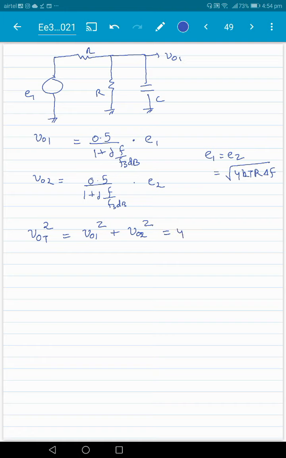That will be equal to 4 kT R, and they're square, so multiplied by 2 because there are 2 of them, and multiplied by 0.5 square by, let's take the magnitude of this because we are calculating magnitude here, so that will become 1 plus (f by f3 dB) square, times delta f.